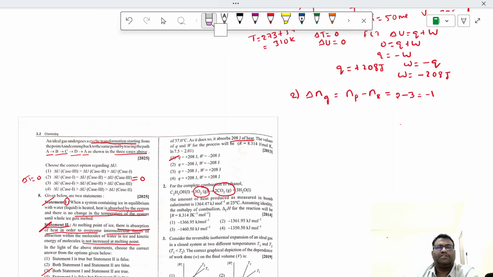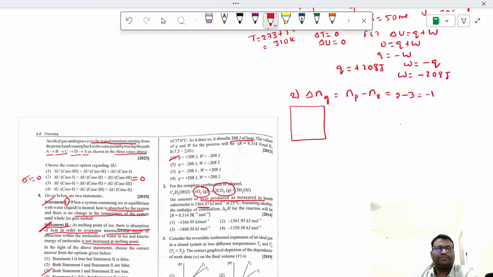Here the combustion is done at constant volume, right? Combustion of fuel is done at constant volume. Heat produced as measured in the bomb calorimeter is 1367.47 kilojoules per mole.